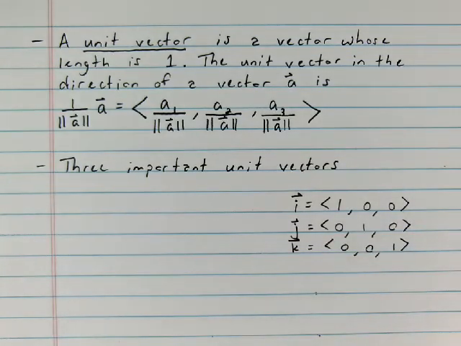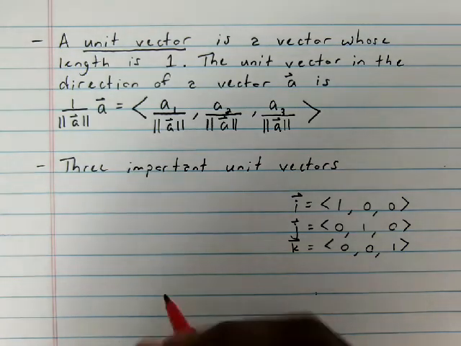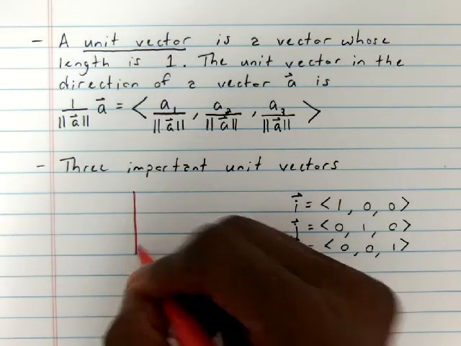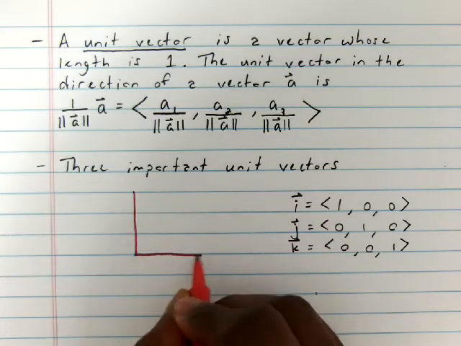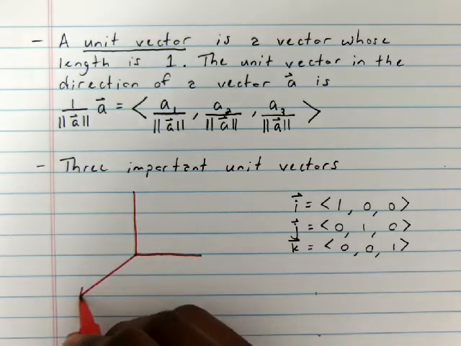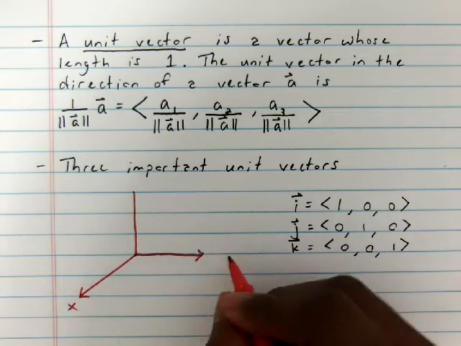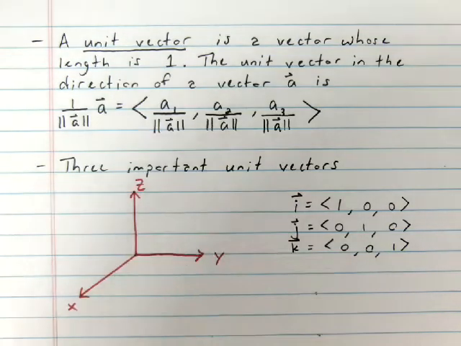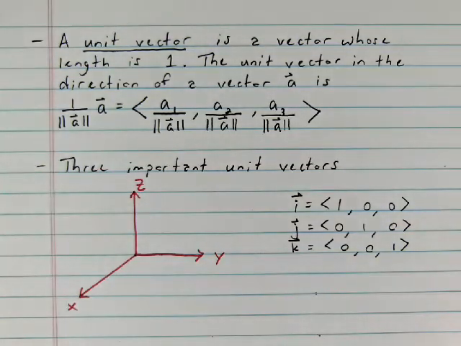So now if we sketch these on a set of coordinate axes, all of these vectors i, j, and k have length 1.